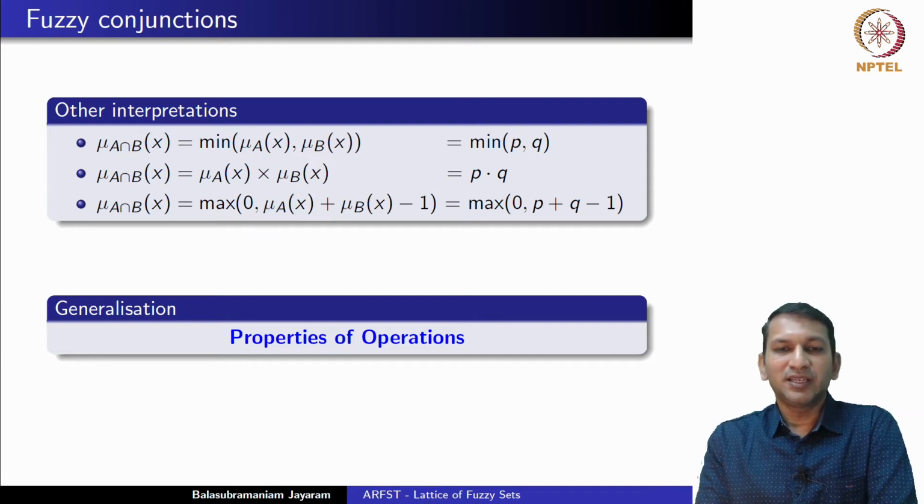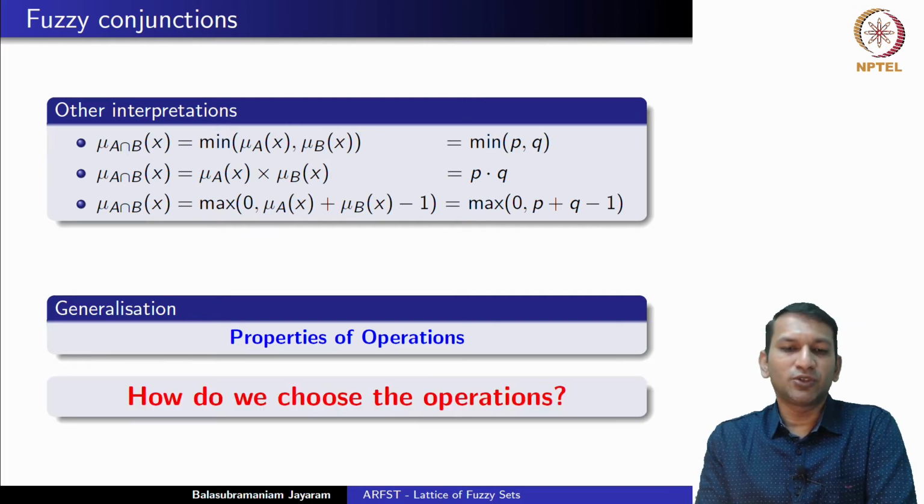In that sense, it was a very positive outcome. However, we are still left wondering, given these many operations or interpretations of conjunction, how should one choose these operations? Is there something special about each one of them? We hope that by the end of this lecture, you would get some partial answers at least for this query.